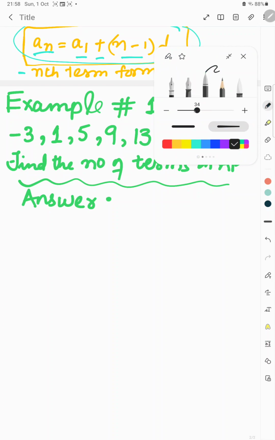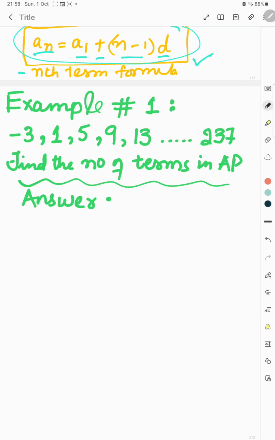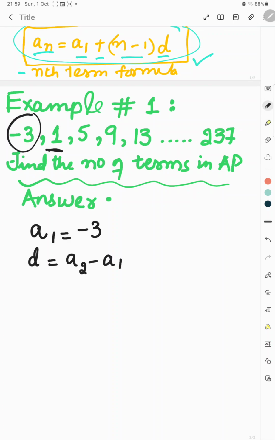So first of all we will write the information which is given in this progression. From this progression you can easily see that the first term, that is a1, is -3, and you can also find the difference. The difference is found by subtracting the first term from the second term. So here the second term is 1, so I can write the formula here, but you can solve it directly.